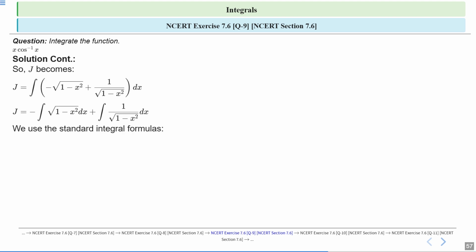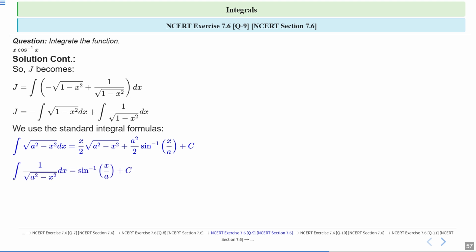We use the standard integral formulas: integration of root under a square minus x square dx is x by 2 root under a square minus x square plus a square by 2 sin⁻¹(x by a) plus c. And the second standard formula is integration of 1 by root under a square minus x square dx is sin⁻¹(x by a) plus c.